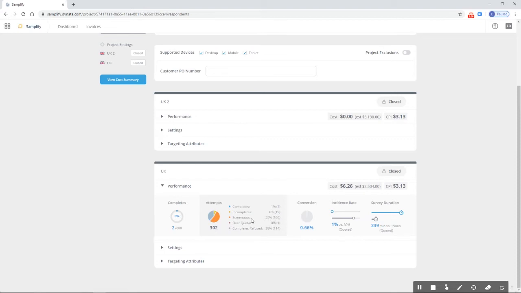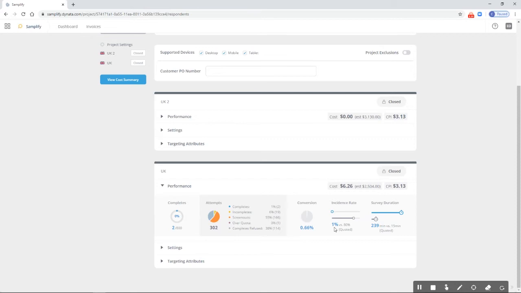And about 55% actually screened out, which is an indicator that potentially our incidence rate is lower than what we expected, and we get that confirmed here. We put in 80%, we got just 1%, which means that the target group which we're looking for is potentially more niche than what we initially expected.